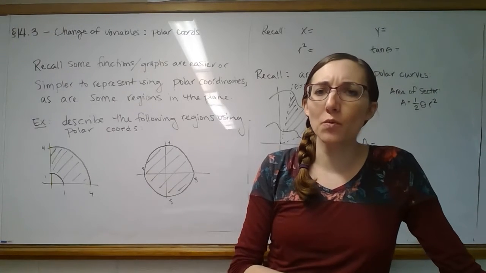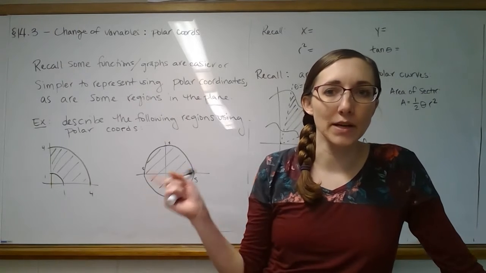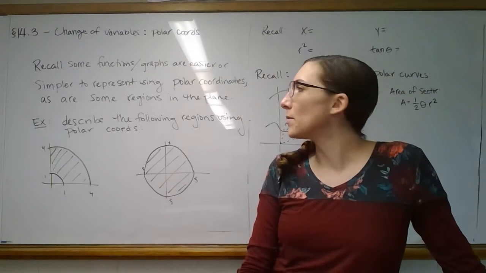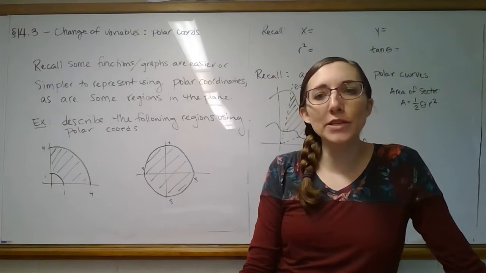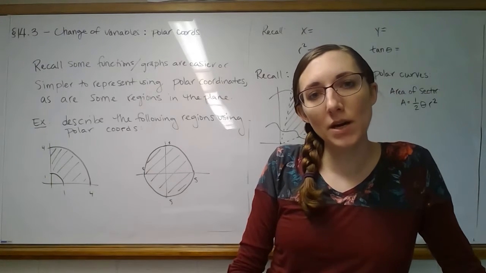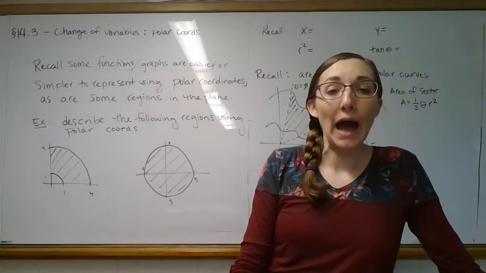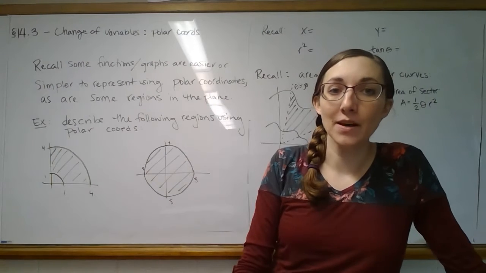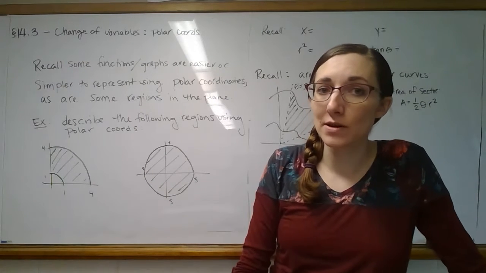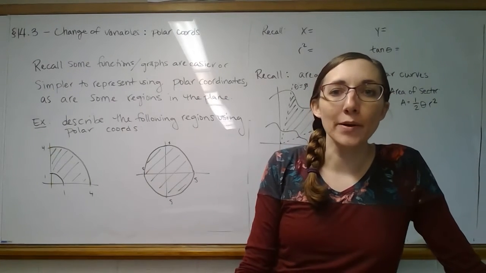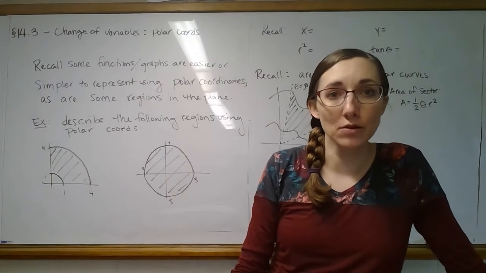So I want us to look at one example of that scenario, well, I guess two examples here, where I've drawn these two regions up on the board, and I want us to think about how we would have to represent them using rectangular coordinates, but then how we represent them using polar coordinates.